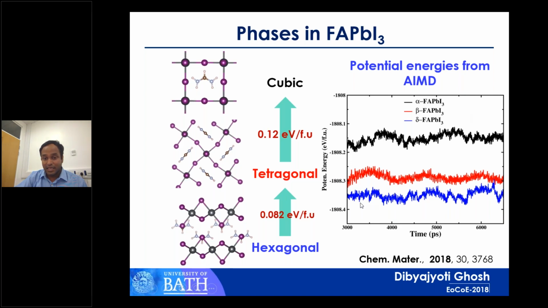I found that at finite temperature and pressure also, this order of stability, that is the hexagonal is the most stable, then tetragonal, then cubic, holds during the dynamics calculation as well.